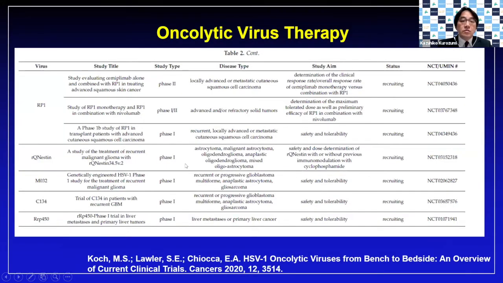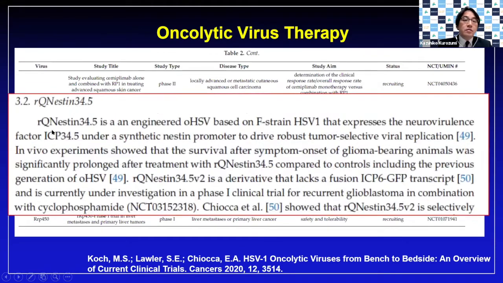And the interesting one is RQNestin34.5, which was made by my old boss at Ohio State University. This is an engineered HSV-based strain. It shows tumor-selective viral replication.